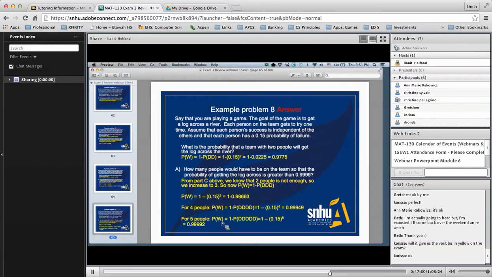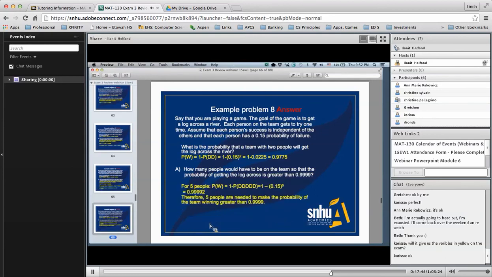Now, in order to lose, all 5 people have to drop it. So now it's 1 minus 0.15 to the 5th power. And that comes out to be high enough. So what we get is that 5 people are needed to make the probability of the team winning greater than 0.9999.